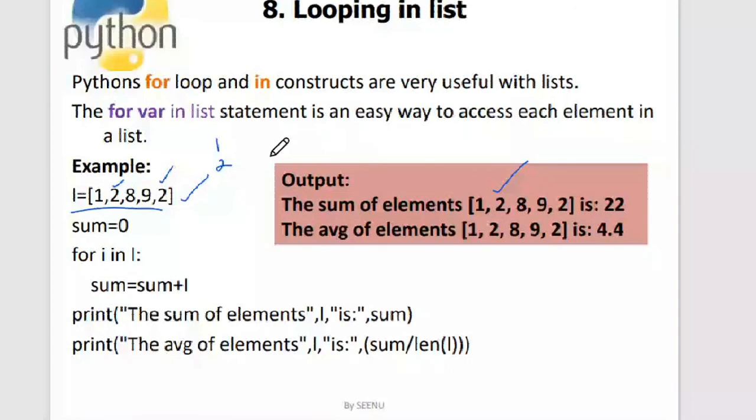Lists are ordered or unordered? Ordered, ma'am. Okay, so lists are ordered. Can you have duplicate elements inside the list? Yes, you can have duplicate elements inside the list. And a list can contain any type of data elements. It can have a combination of integers, floats, booleans, strings, anything that you can have in the list.